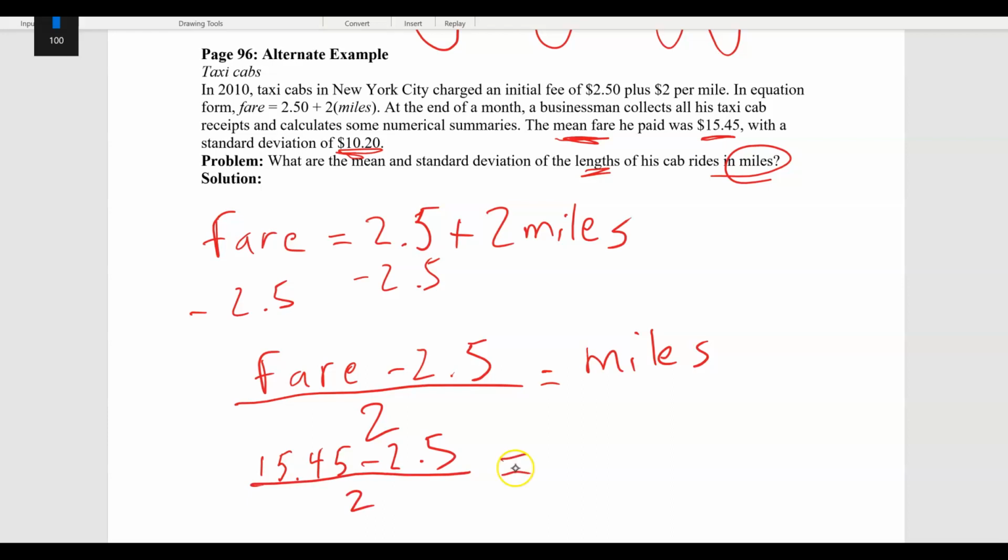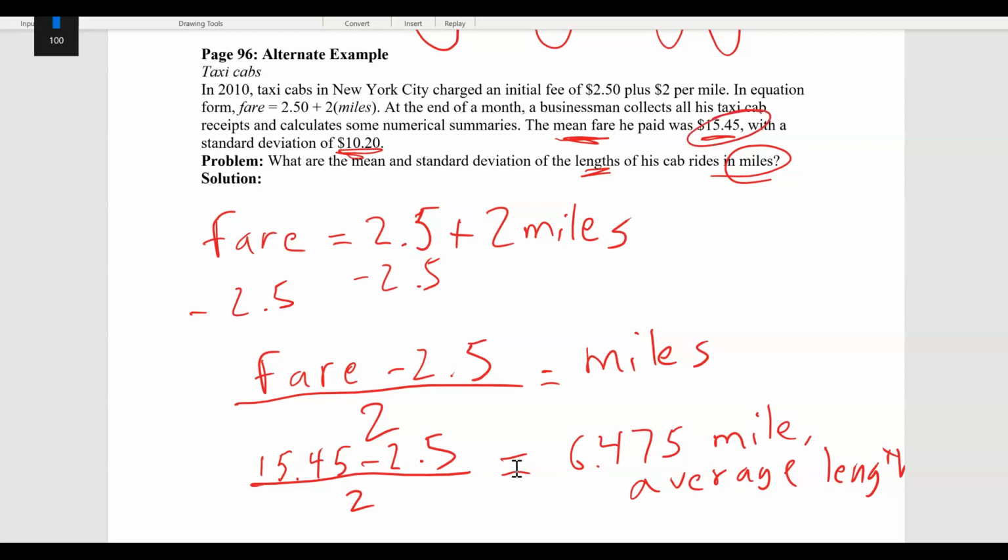And I get 6.475. That is an average length. Okay, so I back transformed. If the average fare is $15.45, that means the average length of a ride is 6.475, right? 6.475 multiplied by 2, add 2.50, gets me that average fare.